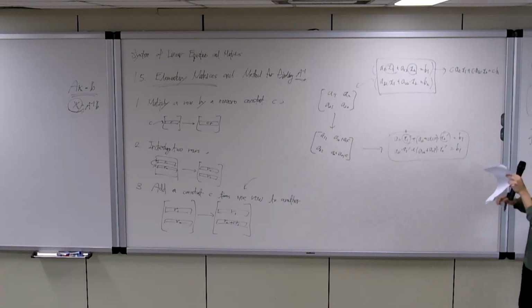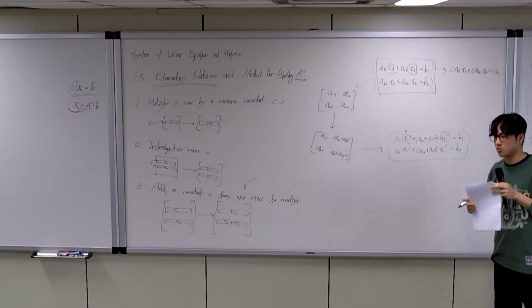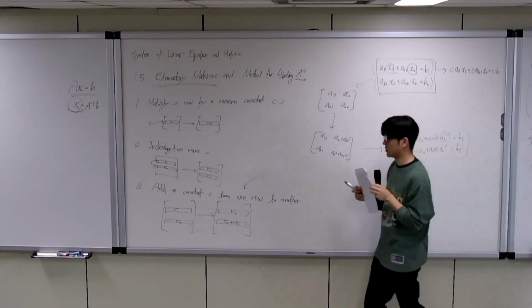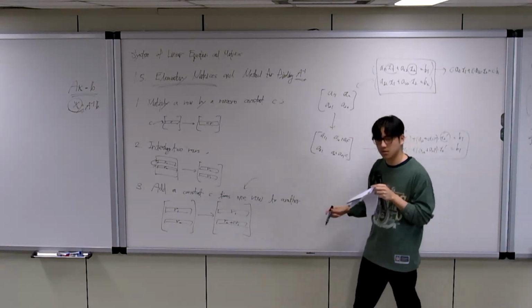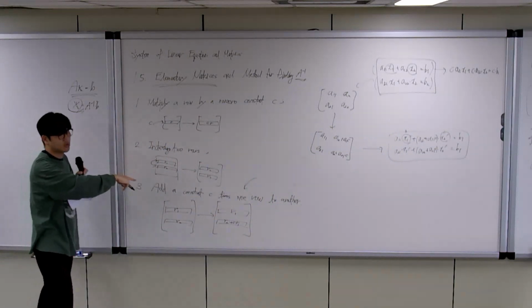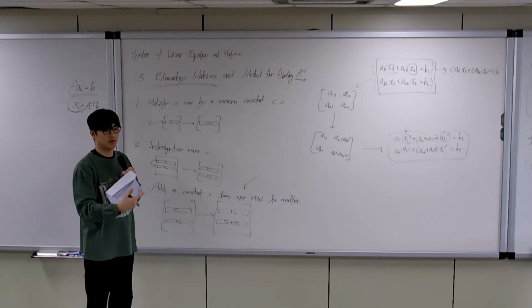Okay. That means we construct from row operations, but is there column operation?